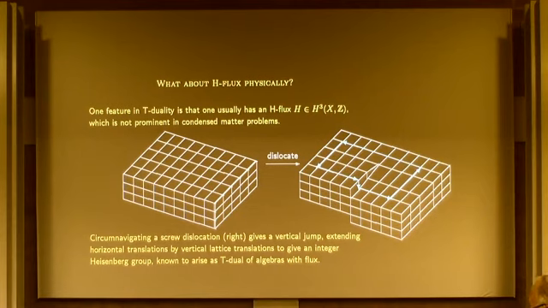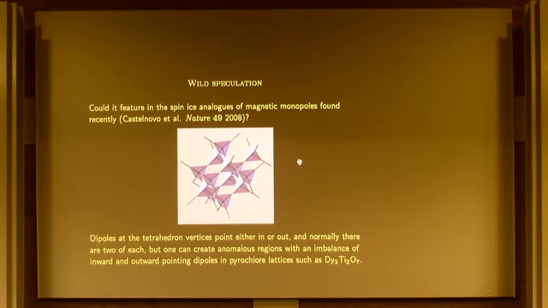That essentially extends the group of horizontal translations by some vertical ones and gives you an integer Heisenberg group. And those are known to arise as the T-duals of noncommutative algebras with flux. So one possibility is there. I don't think anybody's made any serious use of this, but it's wild speculation.